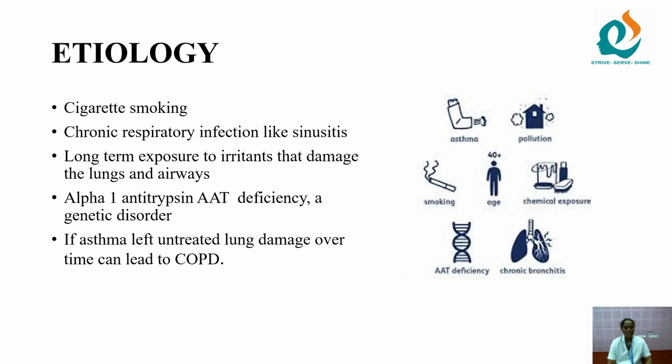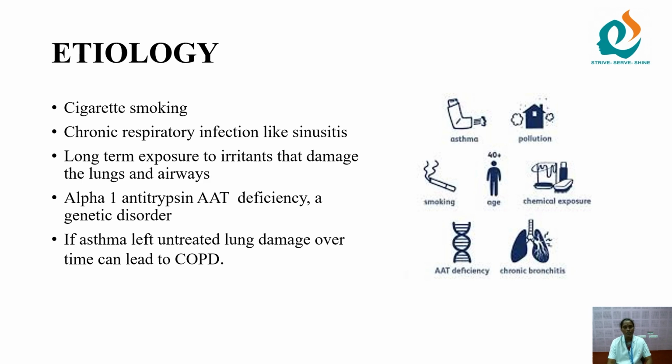Then what are the etiological causes? First one is cigarette smoking, then chronic respiratory infection like sinusitis and long-term exposure to irritants that damage the lungs and airways. Then alpha-1 antitrypsin deficiency, a genetic disorder. If asthma is left untreated, lung damage over time can lead to COPD.